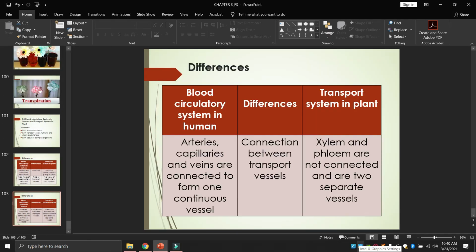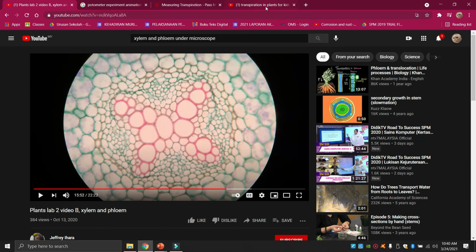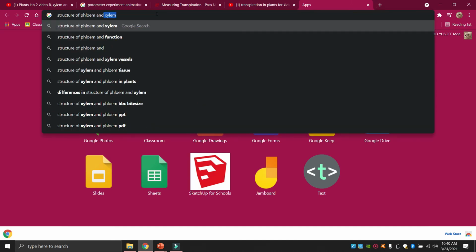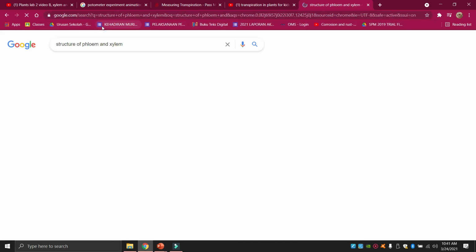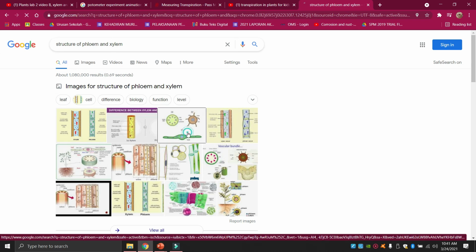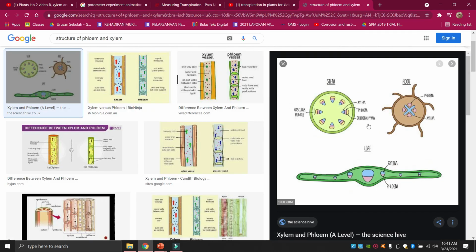Before I stop, I would like to show you how the structure looks, because I noticed there's no picture to show the xylem and phloem.